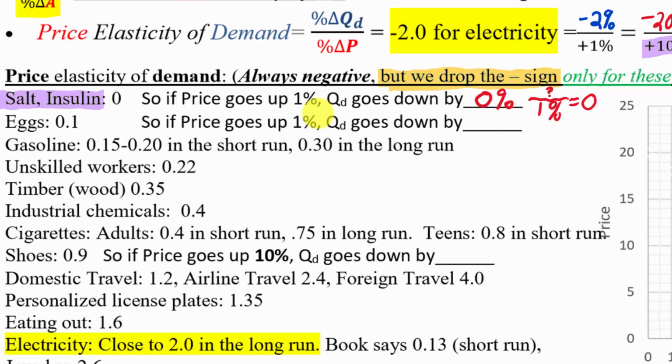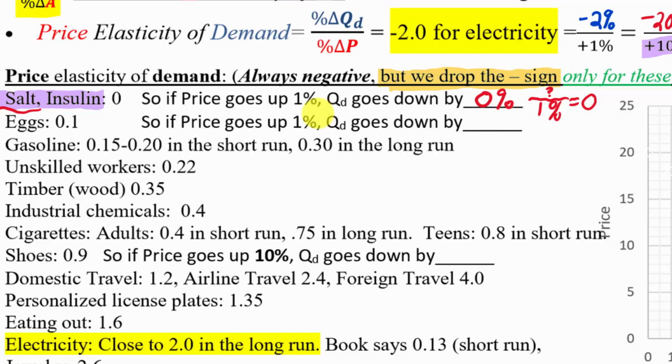Salt is perfectly inelastic because it is so inexpensive, terribly inexpensive. You can go into a grocery store in the United States and you can buy a 1 pound can of salt for maybe 50 cents. And for most people, a 1 pound can of salt will last them years, unless you're a really, really big cook.